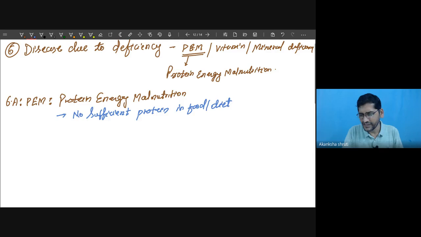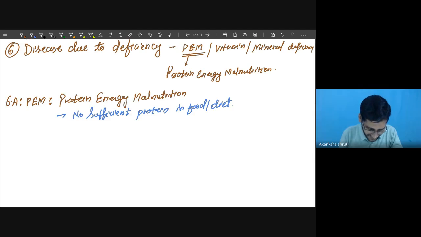Whatever diet we are taking, if that does not contain protein, then such disease occurs. How is that? The person becomes lean and thin with a big abdomen. The bones start twisting or tilting, like we observe in slum areas. The children have slightly tilted bones or legs or hands with a big abdomen, stomach. So that is because of PEM.